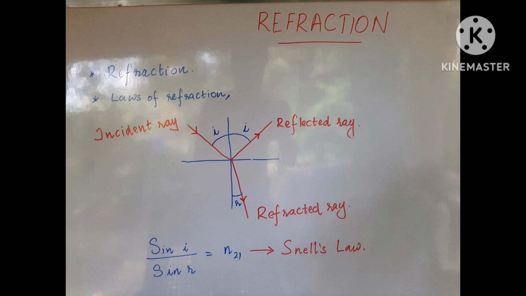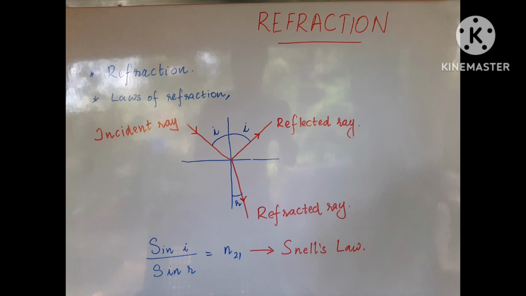Snell studied refraction of light, and the experimental observations are termed as two laws. The first law of refraction says that the incident ray, refracted ray, and normal all lie in one plane.